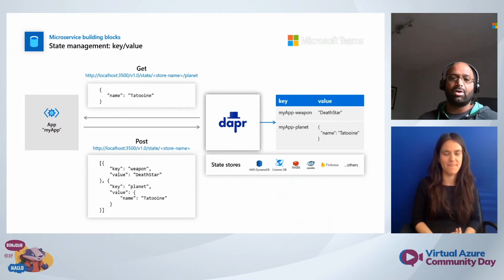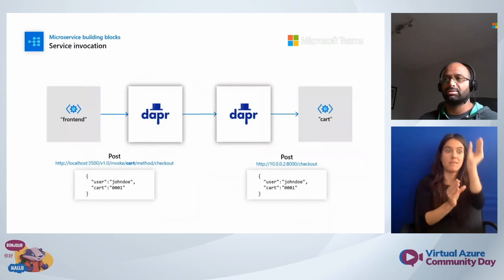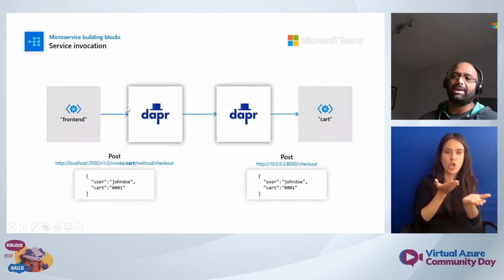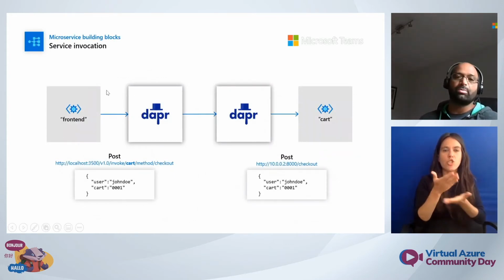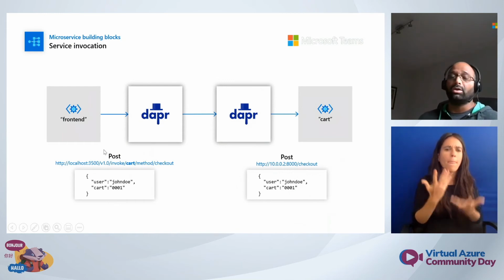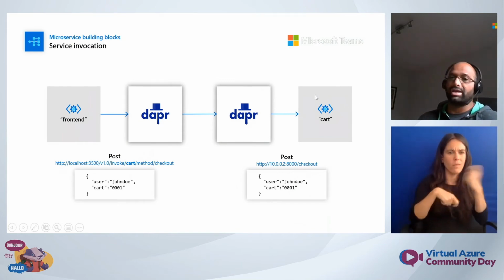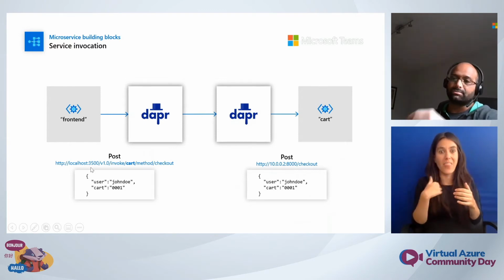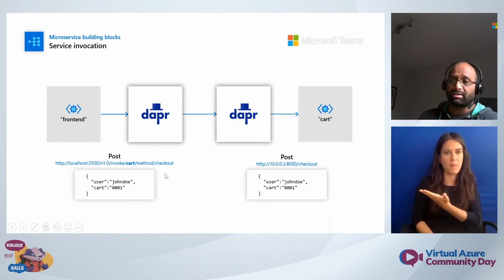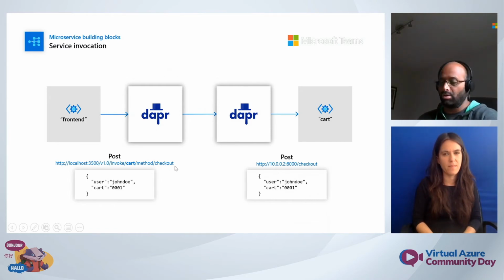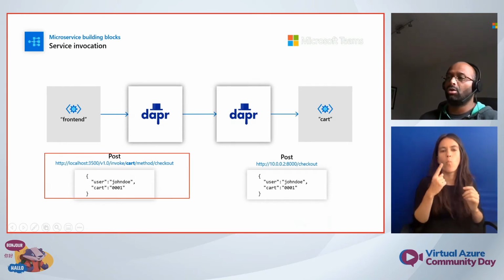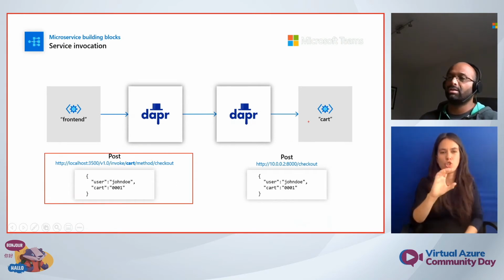The next building block is service invocation. Let's suppose I have an application front end which wants to make a method call to a backend service like a cart. As you can see in this application, I'm invoking a method called checkout on this cart service.